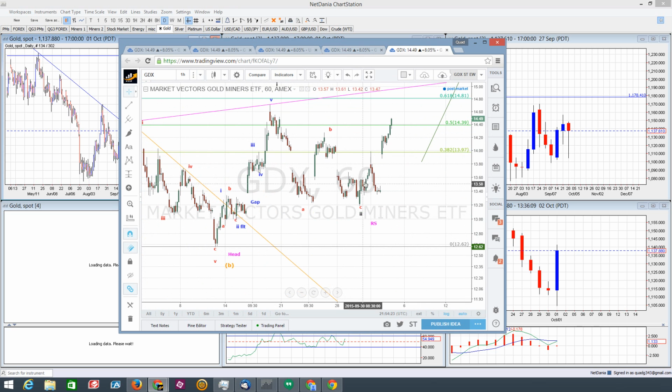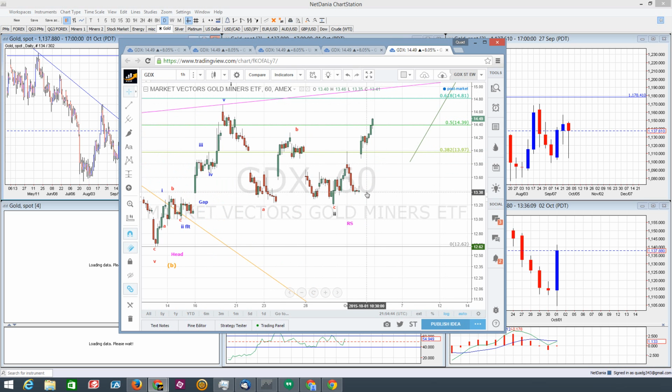We had what looks like a 3-wave move to the upside, which is typically corrective, and then we had this impulsive move to the downside yesterday, and then today we see this strong surge to the upside. So this movement here kind of threw me off.